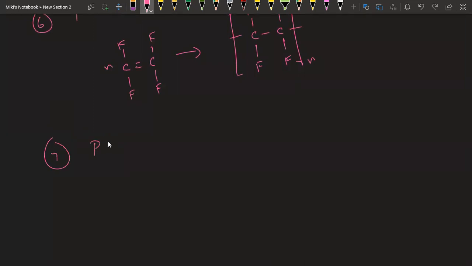Then we have polystyrene. Now, how does this structure look? This is an interesting structure, in which one of the carbons has a benzene structure. But don't worry, nothing will happen to the benzene ring.